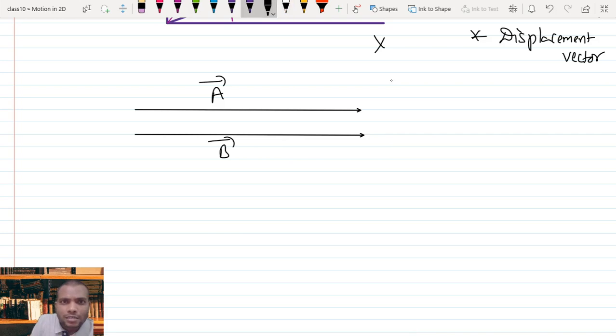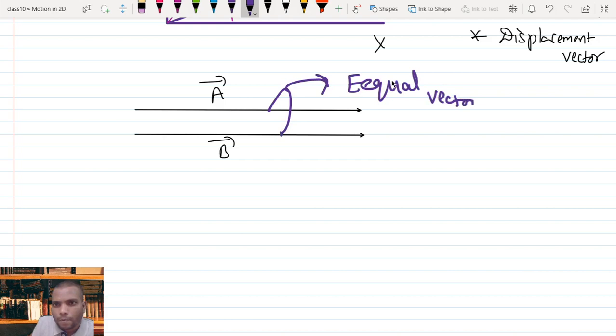In this case, these two vectors are known as equal vectors. The vectors whose magnitude and direction are the same are known as equal vectors.